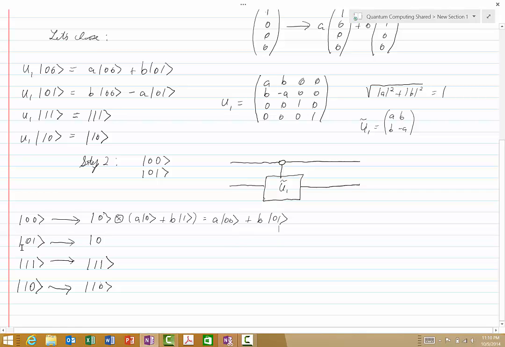And now what about 0, 1? Where does it go? Well, the 0 for the first bit again means that this will be active, and when 1 is entering this box, it will go to B0 minus A1.